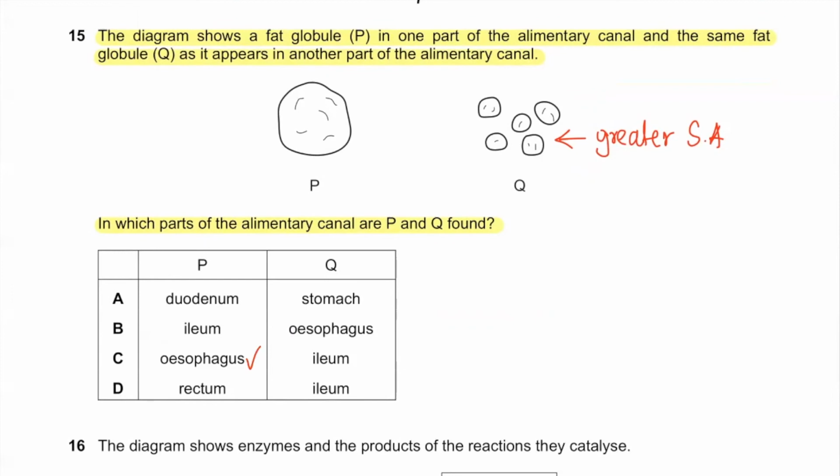Fat molecules are not going to be broken down in the esophagus, so it's going to be there. However, in the ileum, there will be bile salts which will increase the surface area of that particular fat molecule. So the bile salt will provide that greater surface area in the ileum. So C will be the correct answer.